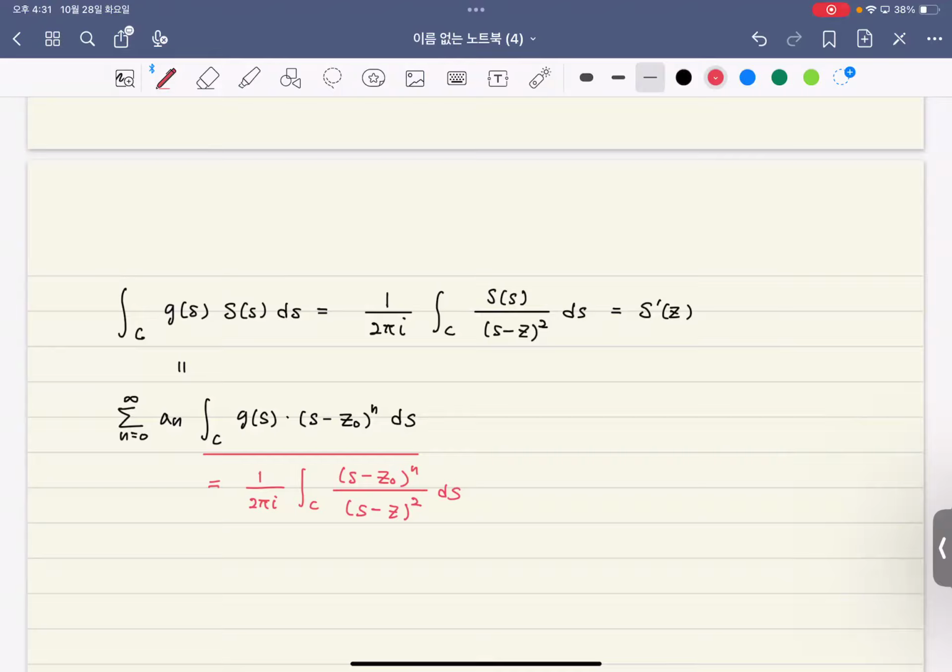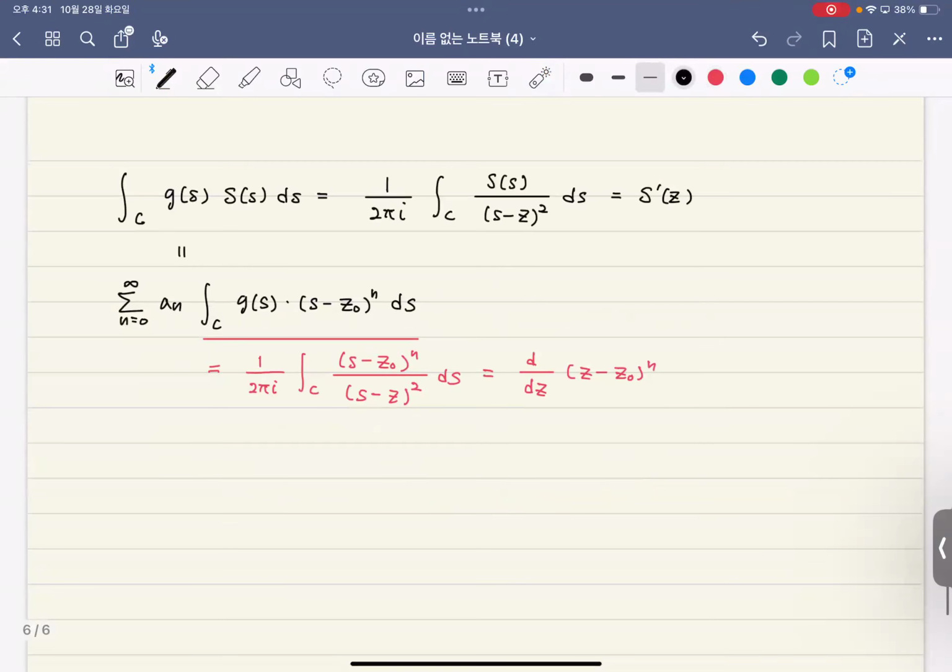Well, again, by using the Cauchy's integral formula, this one can be understood as the derivative of the function (z minus z0)^n by z, right? And yeah, I think this proves the theorem.